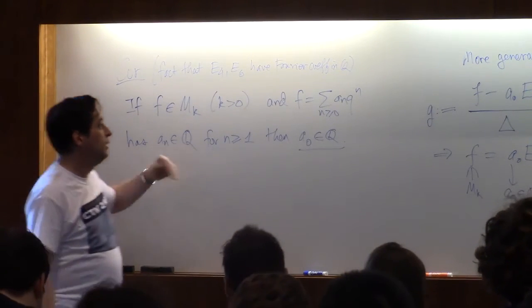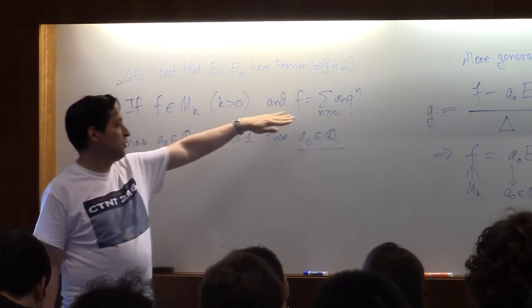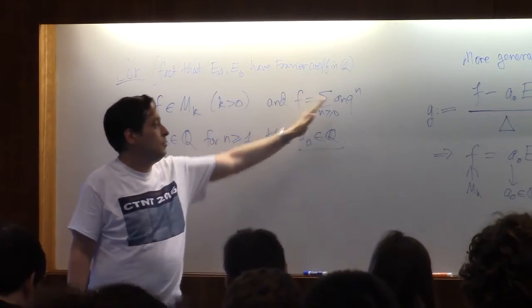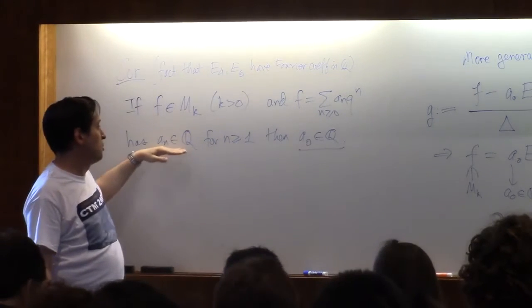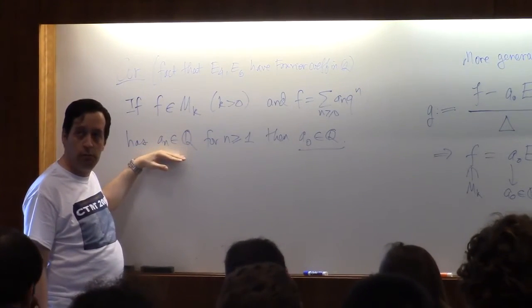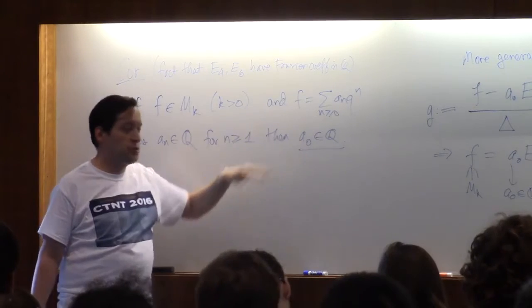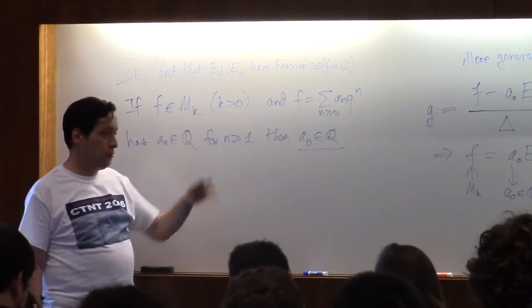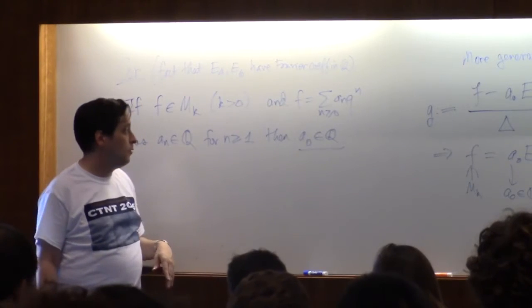What is it saying? It's saying if you have a modular form of some weight, and you know something about its non-constant Fourier coefficients, that they're all rational, the constant term must also be rational. And the proof is in the notes.